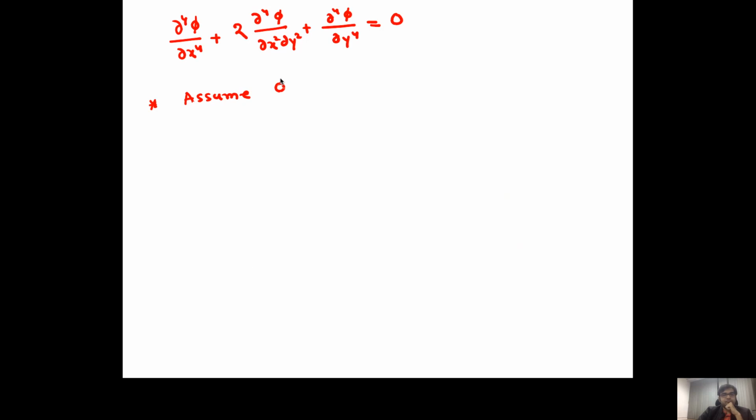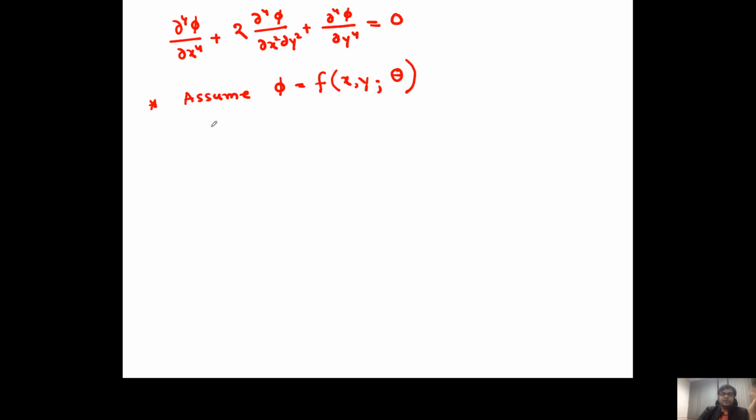phi as a function of, let us say, x and y, and then there will be some parameters which I am writing as theta. So this theta will be the unknown coefficients.